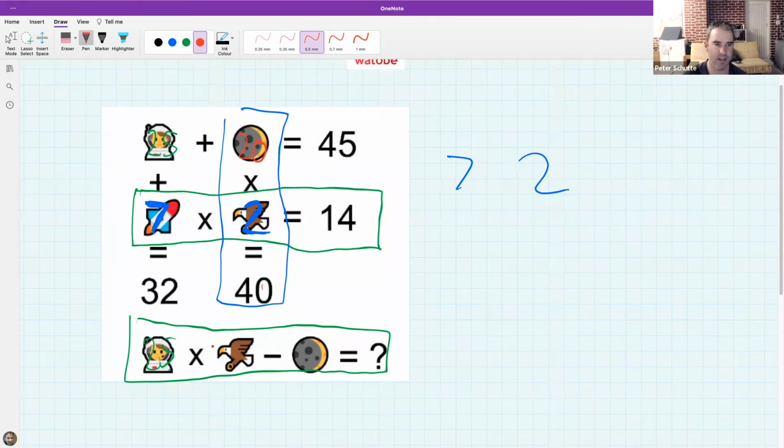So the eagle we said at the beginning was 25, so that's 50. The moon is worth 20. And Lenovo and Dile, I agree with you. This is going to be 30. Yeah, you guys are fast.